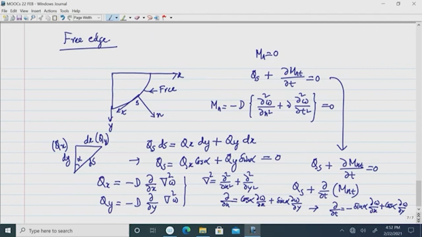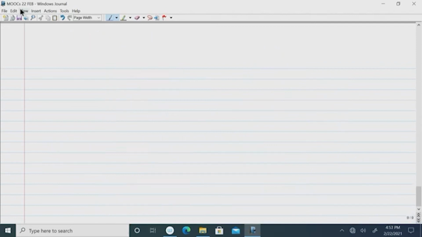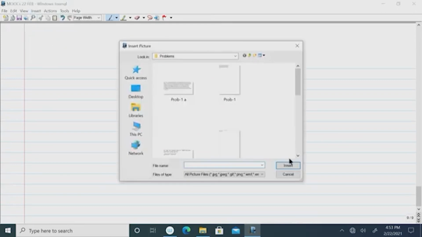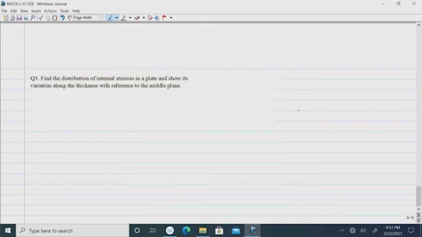Okay. So, let us now go to the fourth problem. Fourth problem, we will go here, we find out the picture. The fourth problem is to find the distribution of internal stresses in a plate and show its variation along the thickness with reference to the middle surface. Okay. So, we have, say, a rectangular plate.